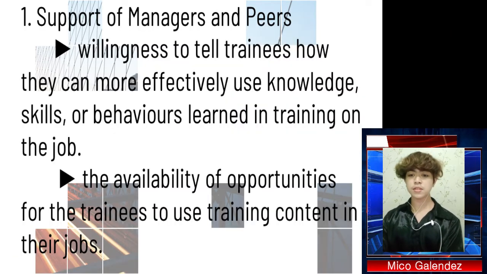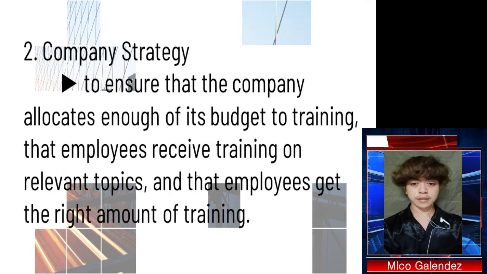In support of managers and peers, it is the willingness to tell trainees how they can more effectively use knowledge, skills, or behaviors learned in training on the job, and the availability of opportunities for the trainees to use training content in their jobs. Second is company strategy.